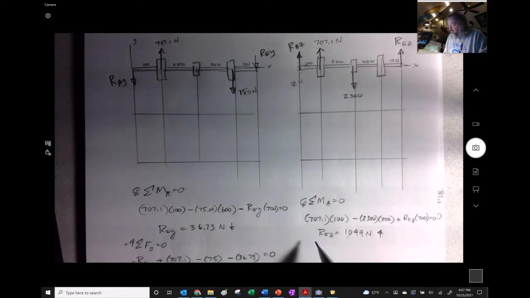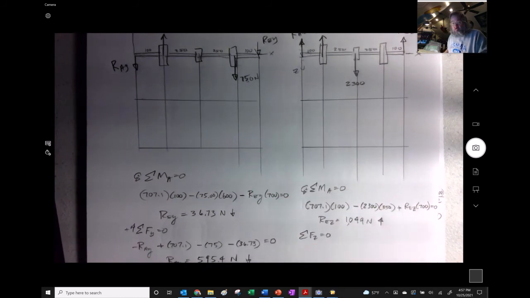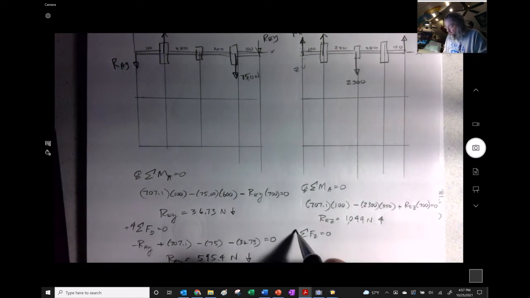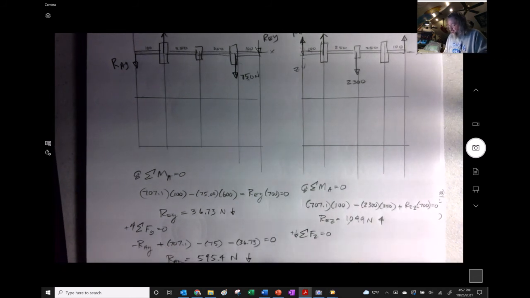All right, and then let's see, I want to go to the sum of the forces in the z direction equals 0. Z is positive that way, and I'm predicting a negative RAZ.